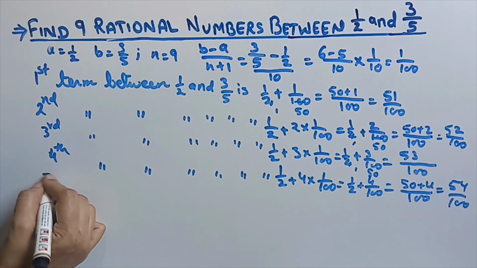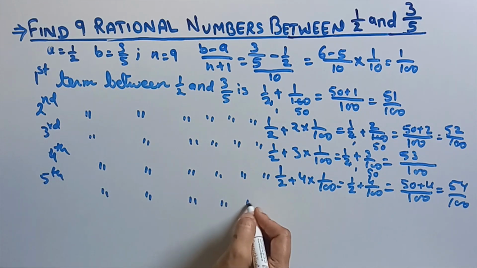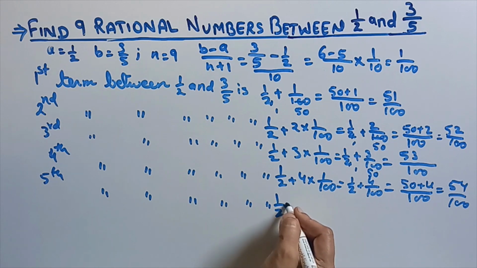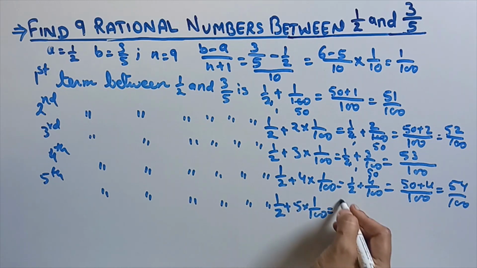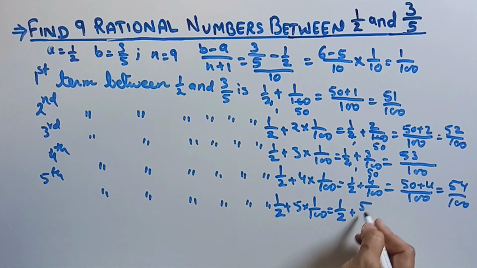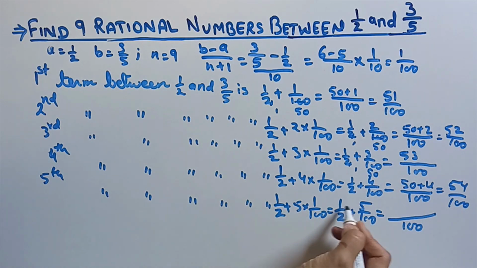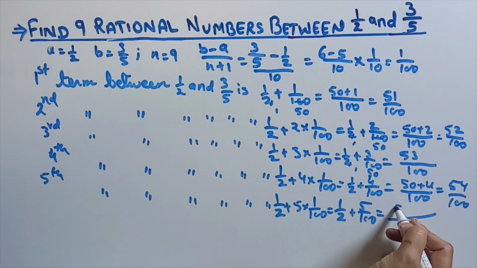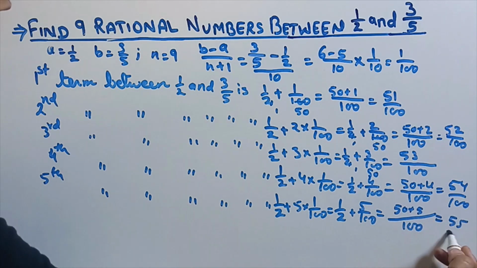Now fifth term between 1 by 2 and 3 by 5 is 1 by 2 plus 5 into 1 by 100. So 1 by 2 plus 5 by 100. Again 100. Now 50 plus 5 is 55 by 100.